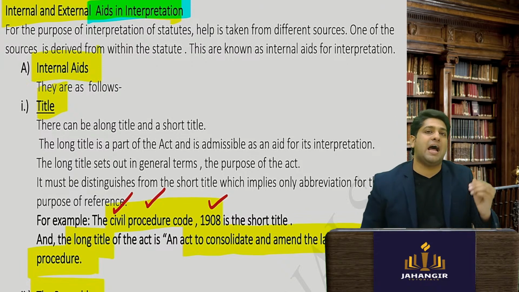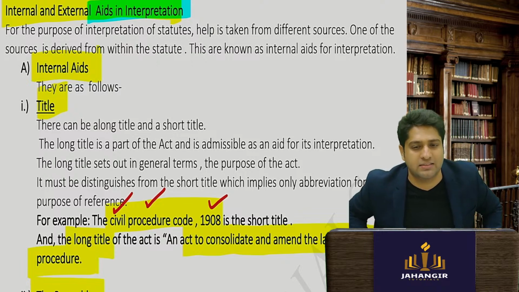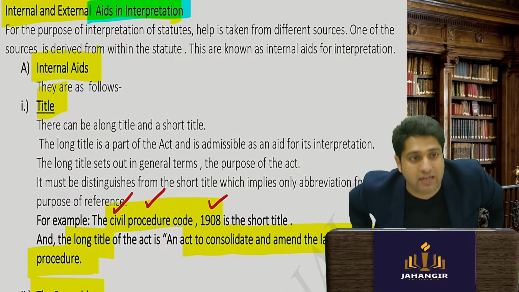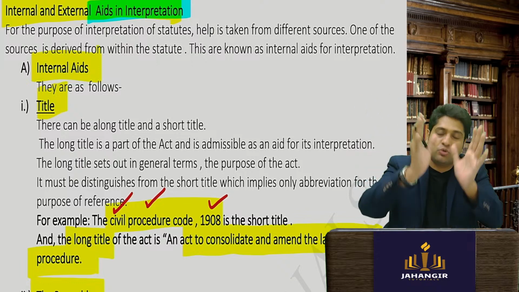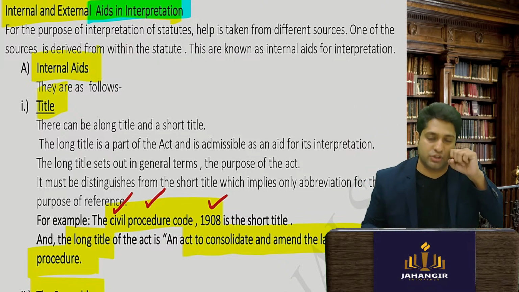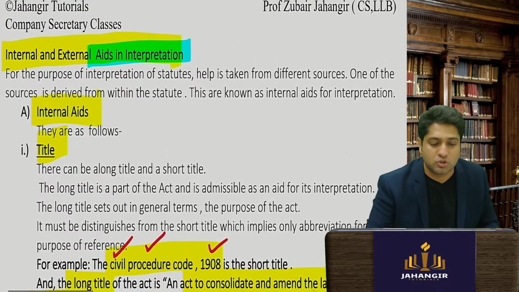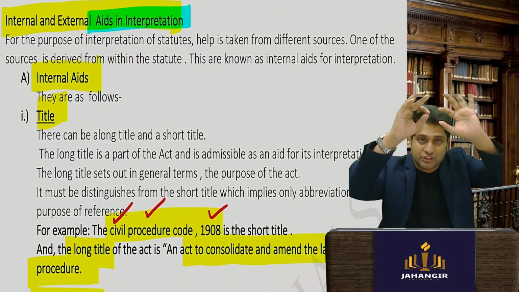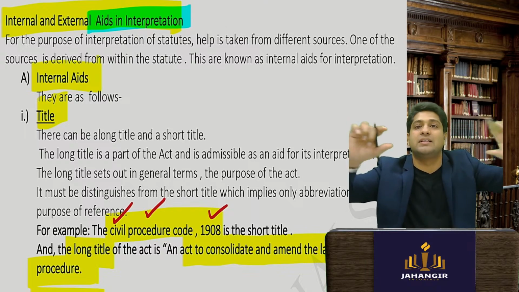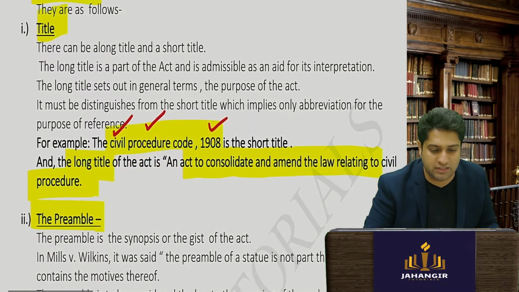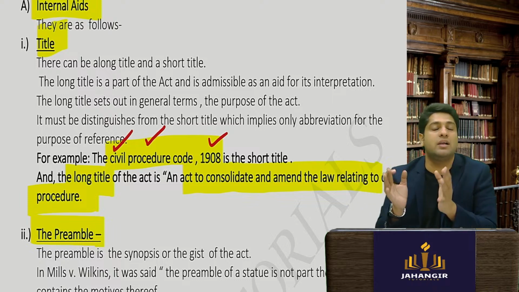Now when an act is passed, any particular act will have, in the act only, certain aids to interpretation. Aids means helps to understand interpretation. So in the Companies Act, section 1 will be written as the title. In any act you see, this is called internal aids. What are internal aids?